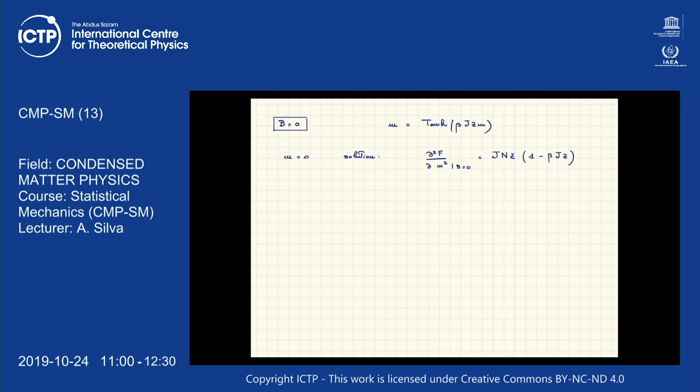Okay, so now, you see that if beta J z is smaller than 1, which means that T is greater than a critical temperature Tc, which is equal to J times z, because beta is 1 over T, up to a k Boltzmann, which is equal to 1 for us, then m equals 0 is a minimum.